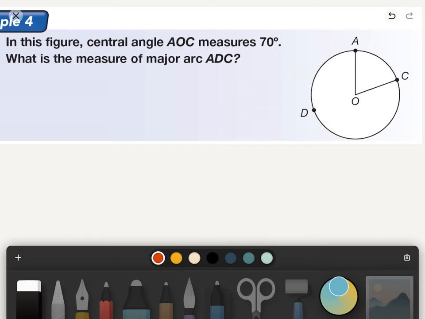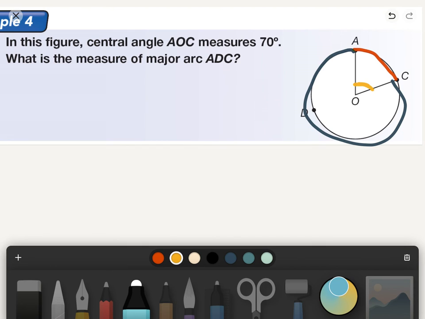Now, when they talk about the arc and the angle of the arc, the arc is technically the outside, right? That's the arc, and the smaller one is called the minor arc, and the larger one is called the major arc. I know they'll ask what's the angle of it. When we think of angles, we feel like we're measuring the part on the inside.